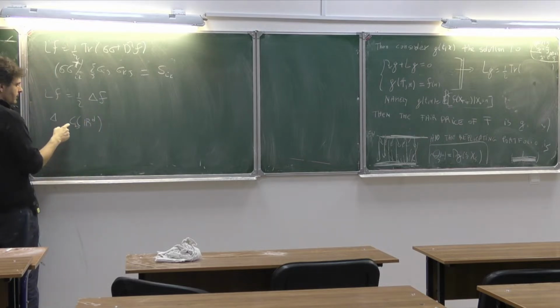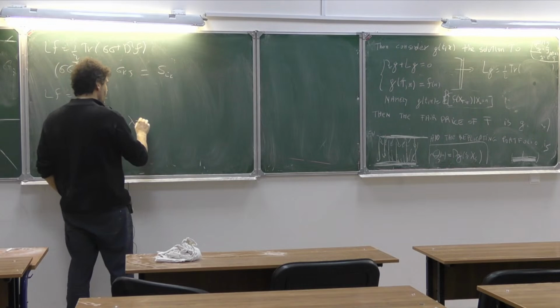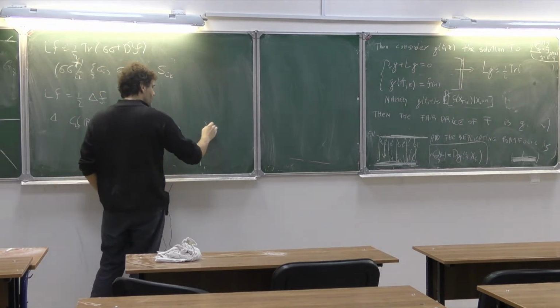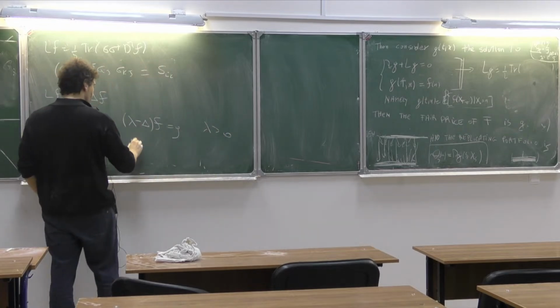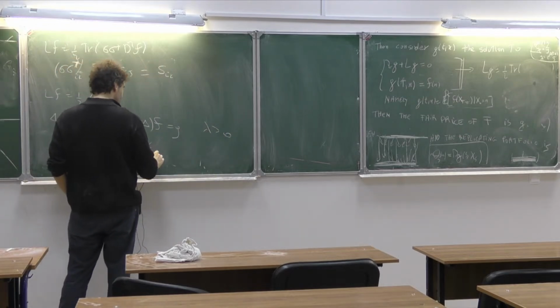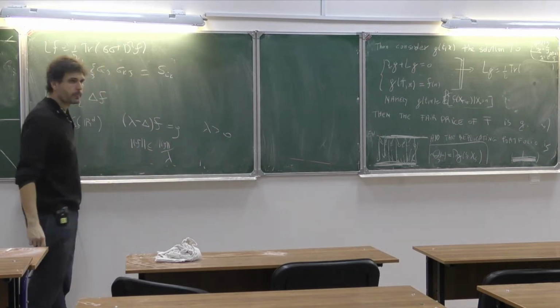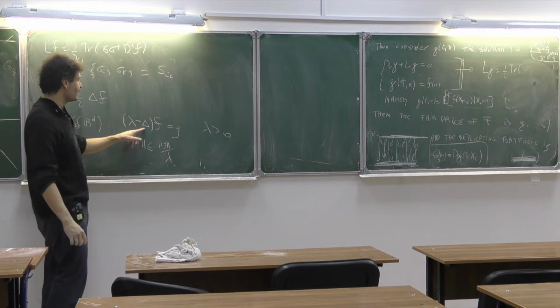So, if x is a minimum, it means the following thing. If you solve lambda minus Laplacian f equal g for lambda positive, then the norm of f is less than the norm of g divided by lambda. Why does this mean it's a negative operator?